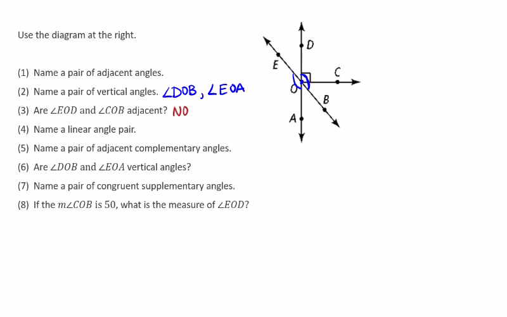Name a linear angle pair. So a linear pair. So we have a few possibilities here. So first of all, you want to get a straight line. So you could use like line EB, or you could use line AD or DA, right? So I'll use line EB, and then I have, like I said, a few possibilities.